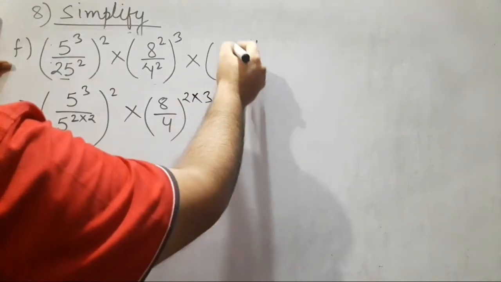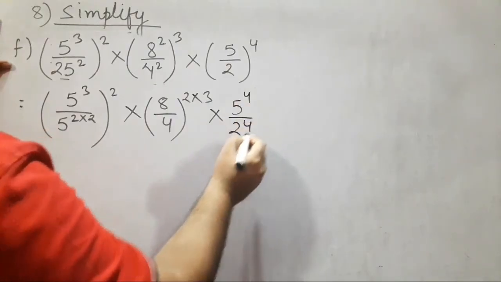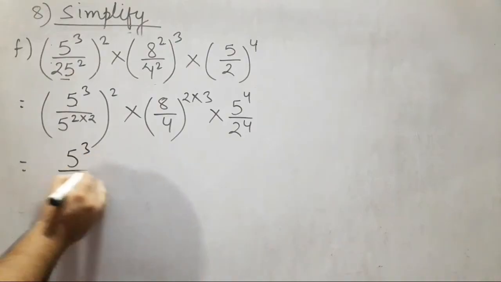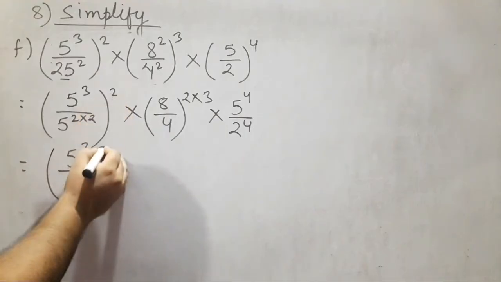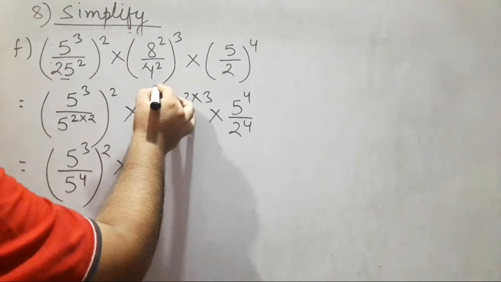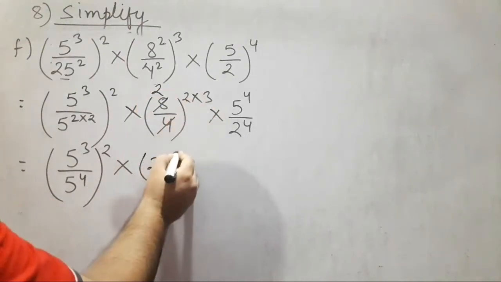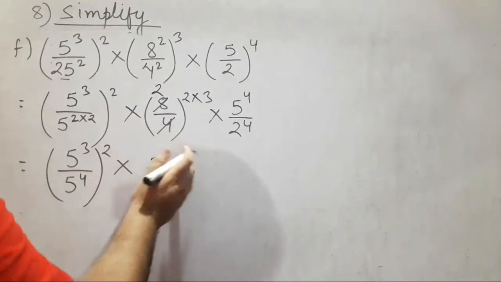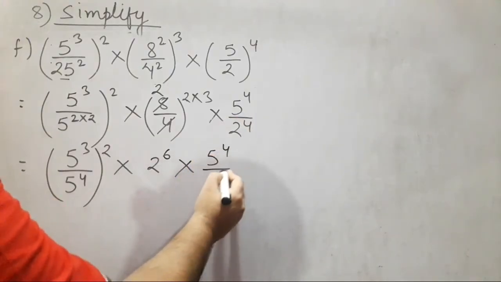Into, now open the bracket, 5 power 4 by 2 power 4 equal to (5 power 3 by 5 power 4) bracket power 2 into, here we can cancel them. 4 2 is 8, 2 bracket 2 into 3 is 6, or if you don't like, no need to keep the bracket, just simply 2 power 6 into 5 power 4 by 2 power 4.